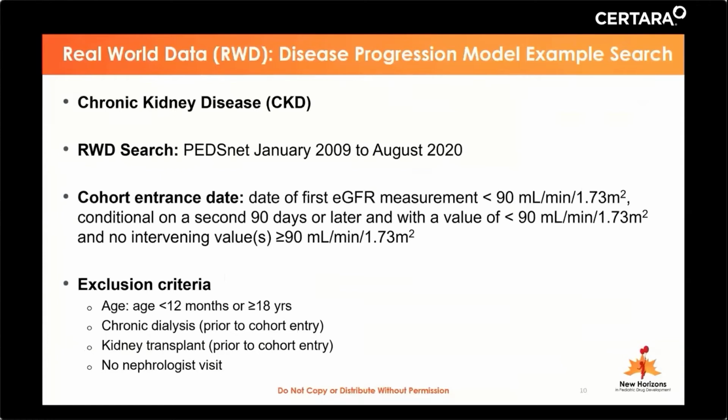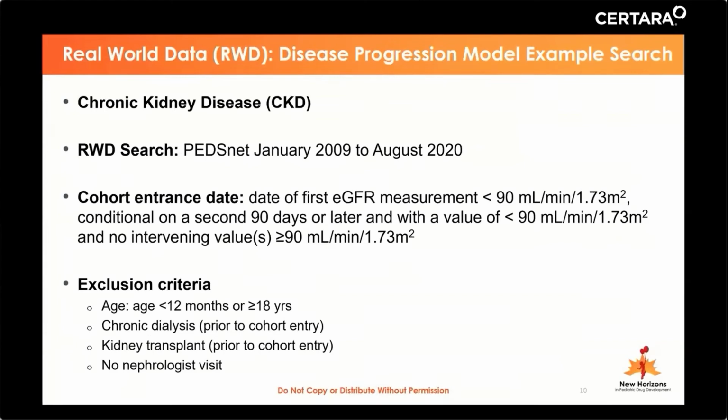Now, I'm going to use this example from PedsNet, which is done for patients with chronic kidney disease. This is a real-world data search that was done and presented at a kidney meeting recently. First of all, what we tried to do is to define an unmet medical need population with just looking at a marker of renal dysfunction.